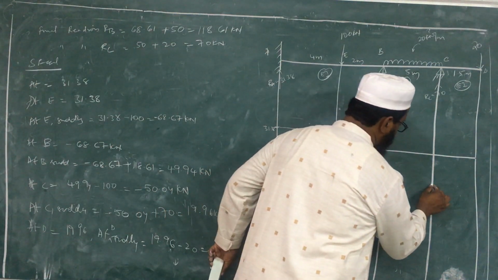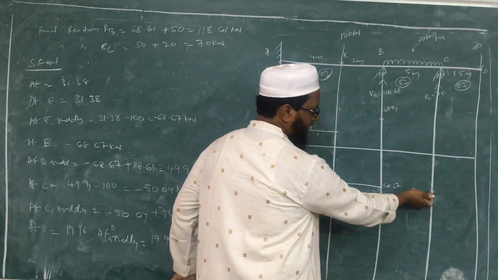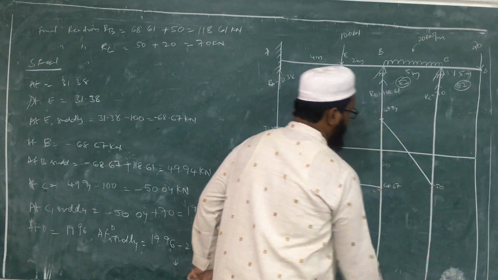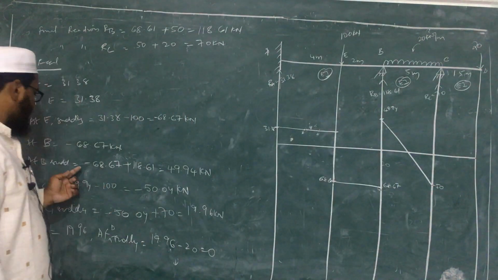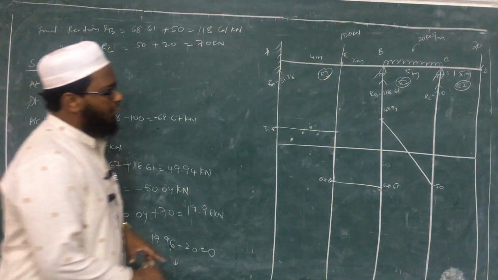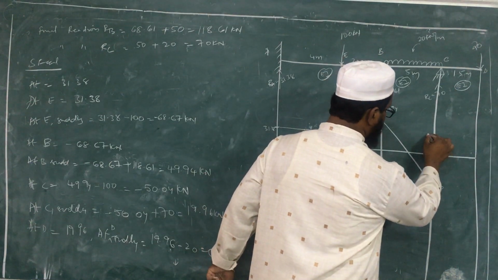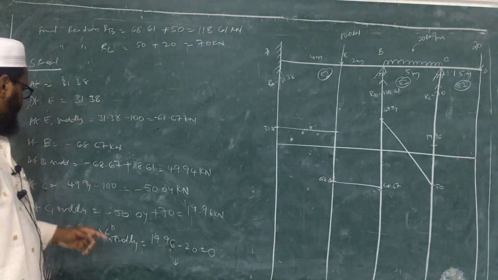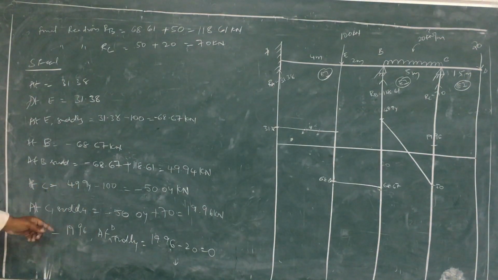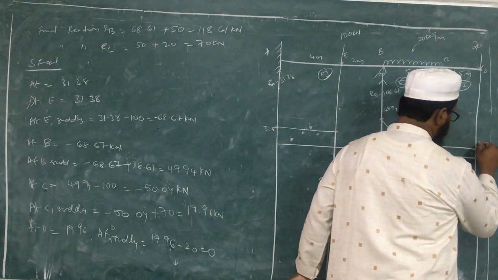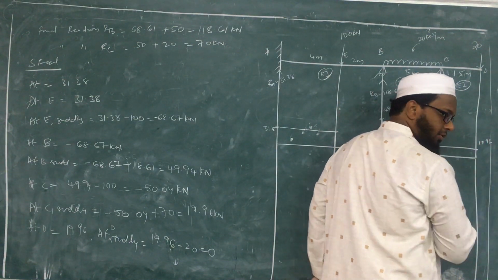Minus 50 will be coming here somewhere, so just above this line. Then at C suddenly it went to 19.96, somewhere here. 19.96. Then at D, 19.96 only. Then it came down to 0.